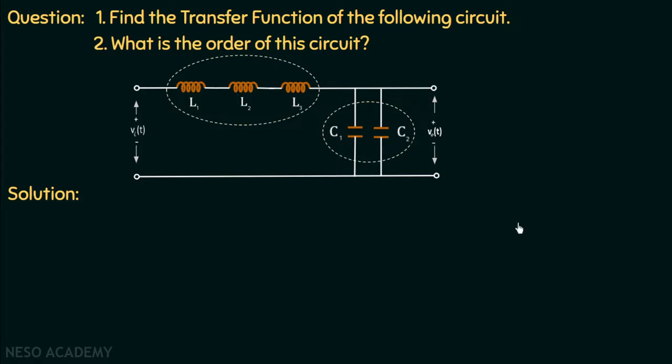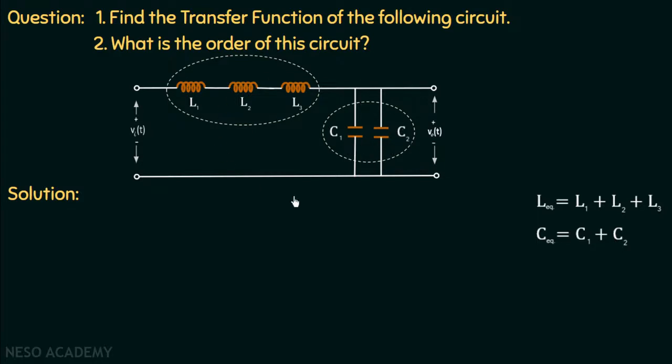That is, L equivalent will be equal to L1 plus L2 plus L3. That is the individual addition of all the 3 inductances. And since the capacitors are connected in parallel, then C equivalent is equal to C1 plus C2, which is the individual addition of these 2 capacitances.